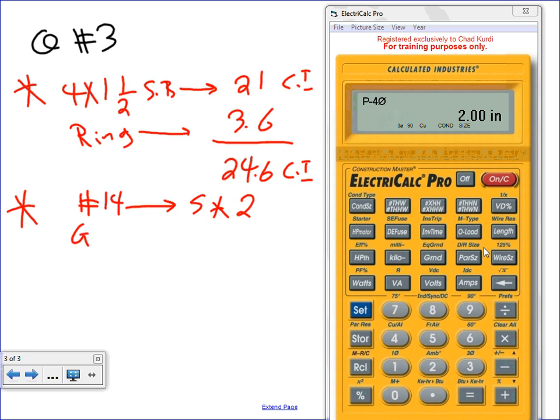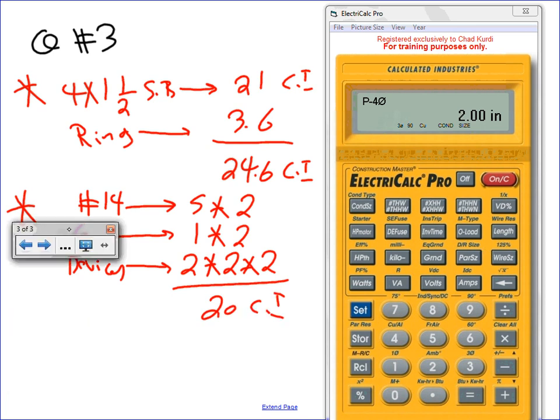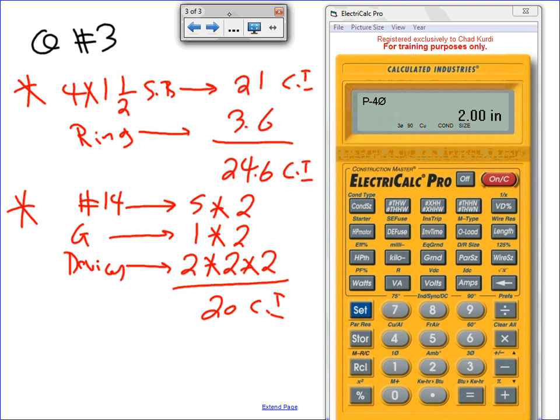All the grounds count as 1 based on 2, the largest. And the devices, I have 2 of them. Each one counts as 2 based on the largest conductor landing on it, which is 2. If you add this, that will get you 20 cubic inches. The last thing you need to do, any question, guys? Find the occupied space and the available space, then subtract the two from each other.